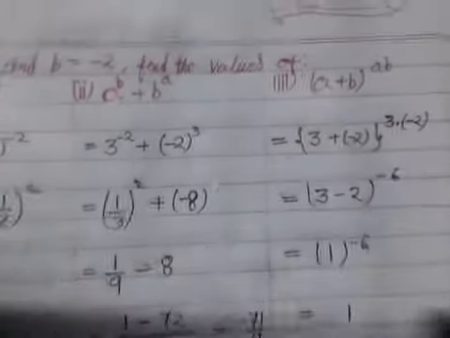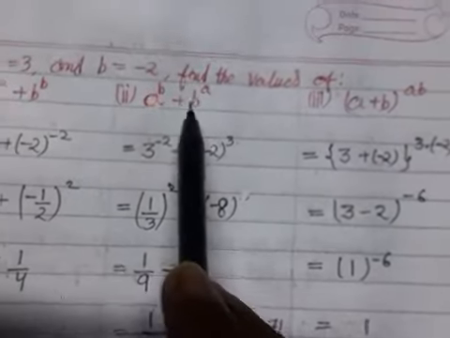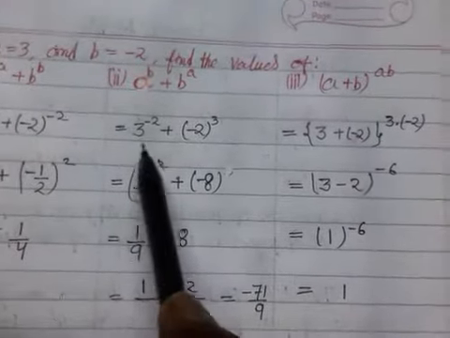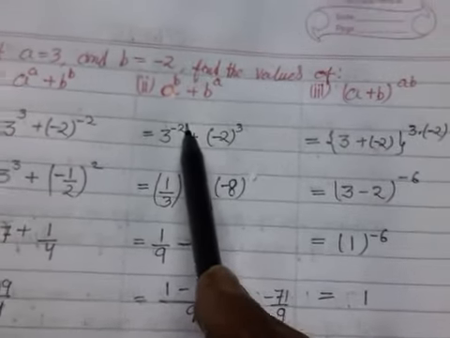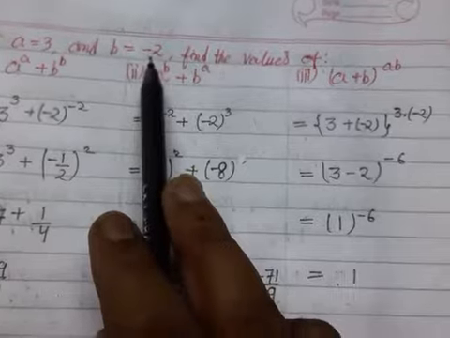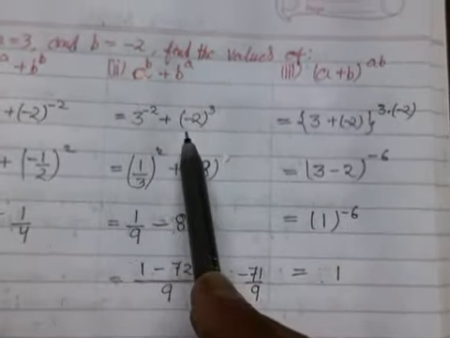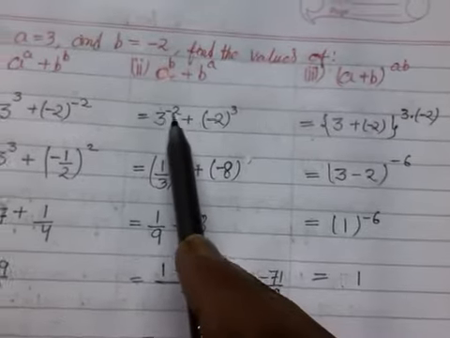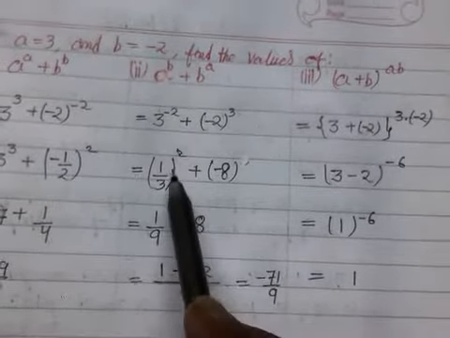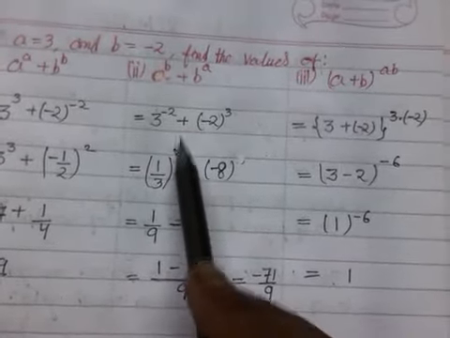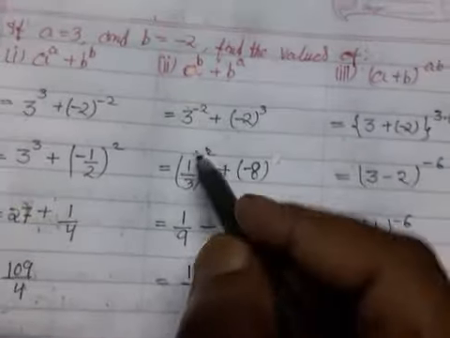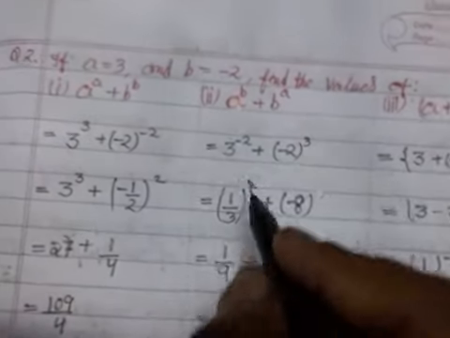This is the second question. a to the power b plus b to the power a. We put here 3 to the power minus 2 because value of a is 3 and value of b is minus 2, and here minus 2 to the power cube. Now here also we can write 1 by 3 to the power 2 because here is minus power, so power becomes positive when we write in fraction.